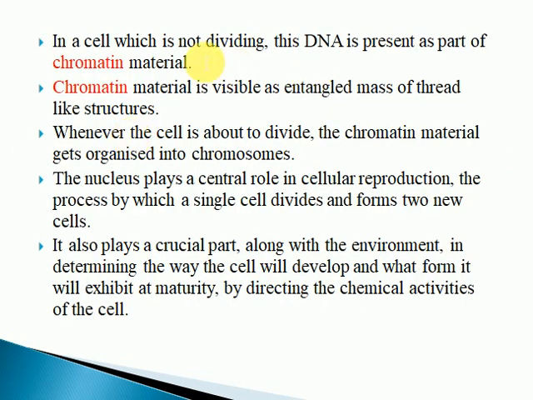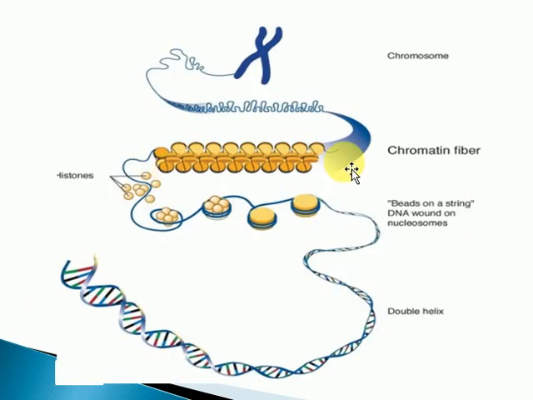In a cell which is not dividing, the DNA is present as a part of chromatin material. Now try to understand this again with the help of this diagram. When the cell is about to divide, this chromatin fiber will condense and take the shape of a chromosome.